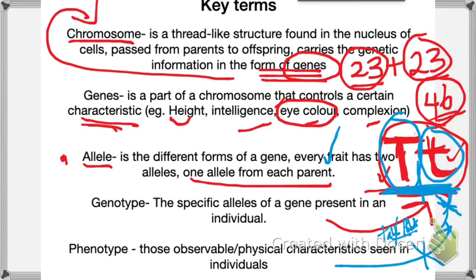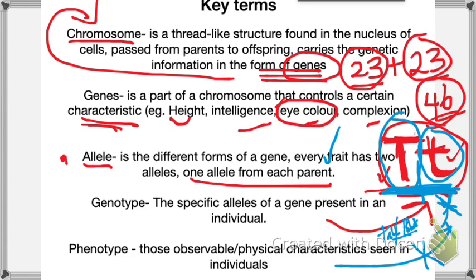Right? Let's go over this again quickly. Chromosome is the thing that you inherit from parents. You inherit a total of 46. On those chromosomes, we have genes. Those genes code for particular things. Those genes are responsible for characteristics such as height, intelligence, eye color, complexion, every possible thing an individual can examine themselves to have.